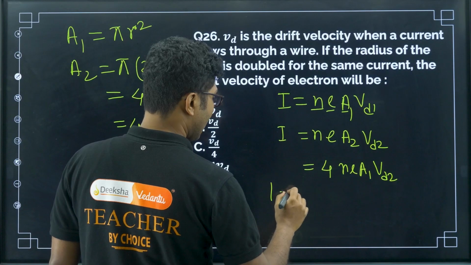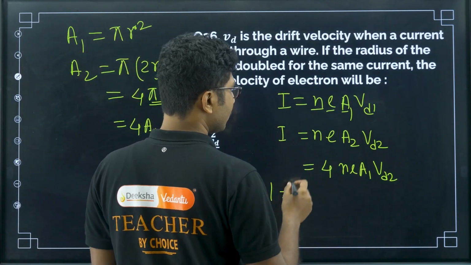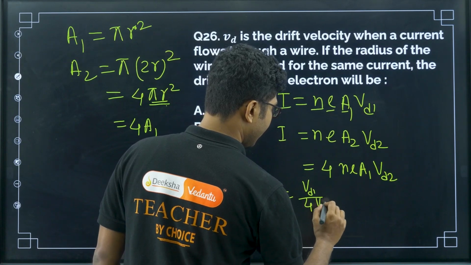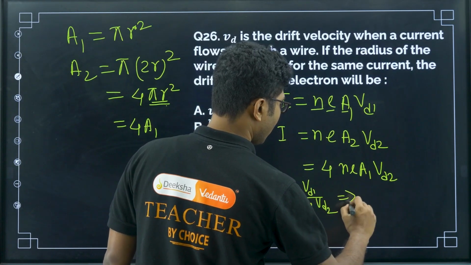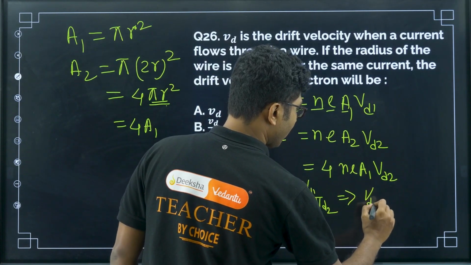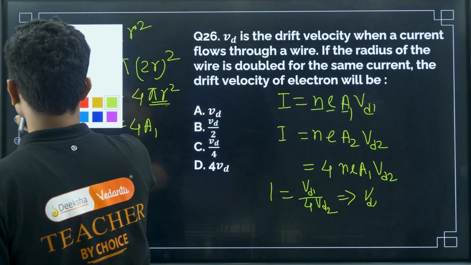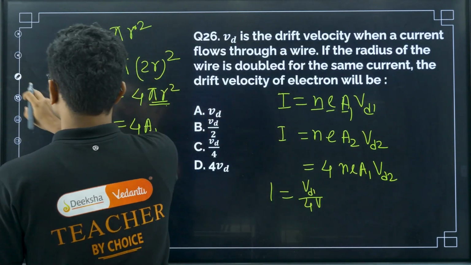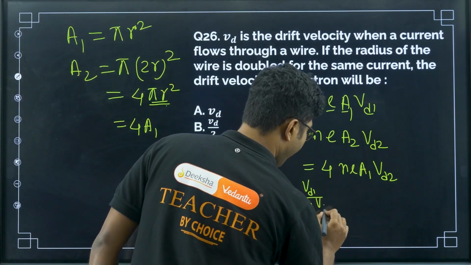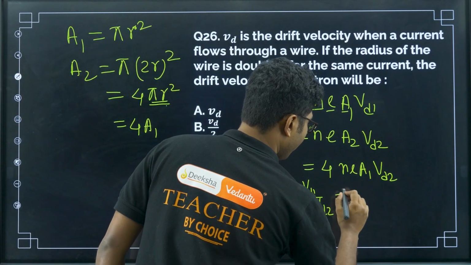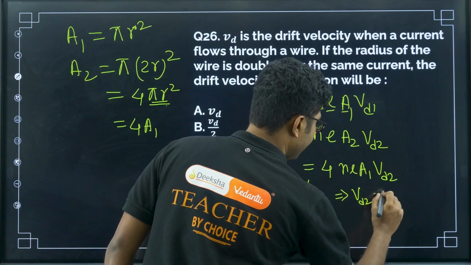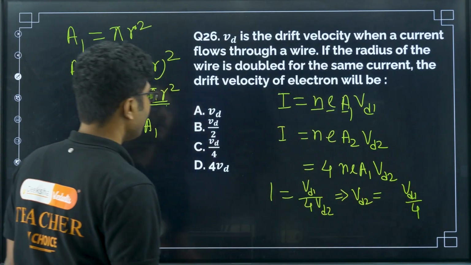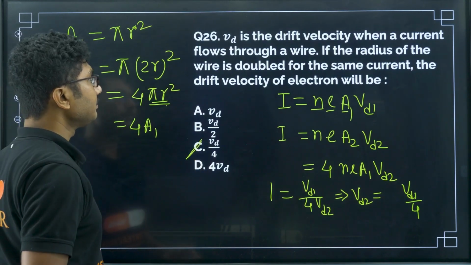Then you will get I by I, that is 1, equals VD1 by 4 VD2, or VD2 is equal to VD1 by 4. So the drift velocity decreases.